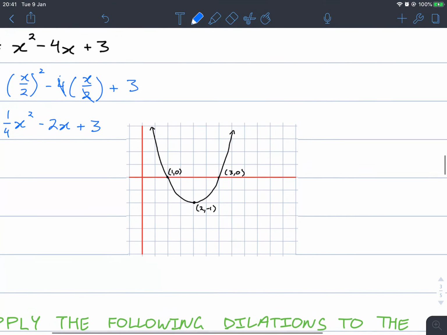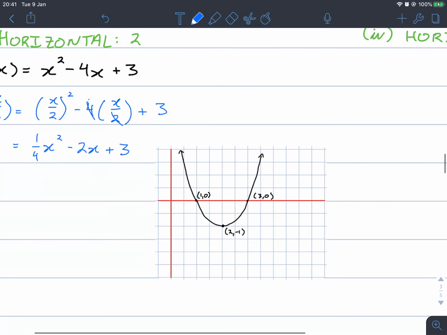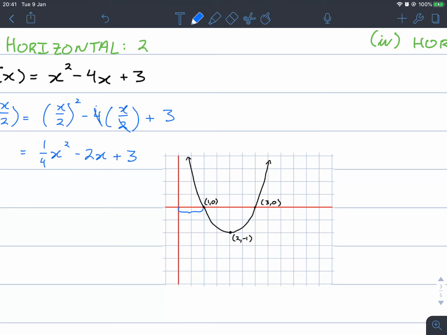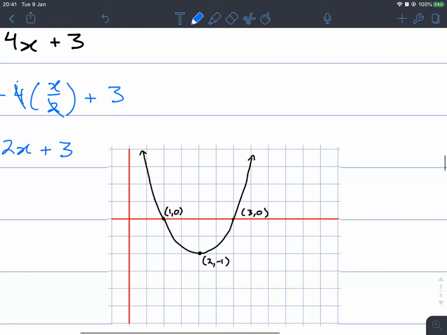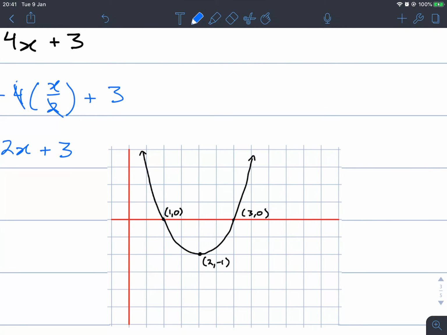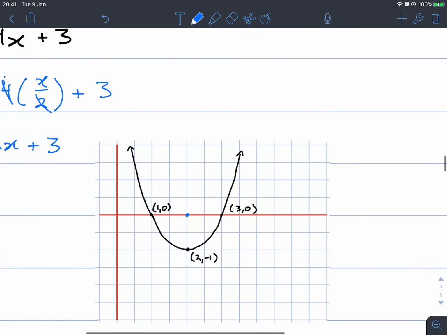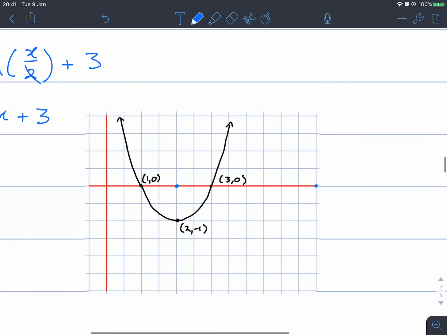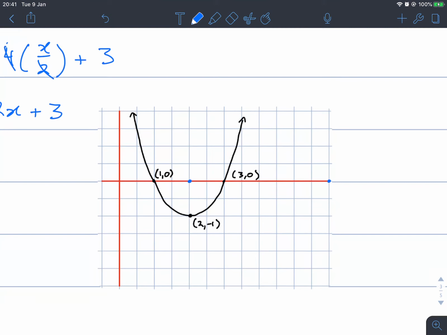So, if this was a distance of 1, to be given a dilation of 2 means this distance will now have doubled, meaning if this were 1, it will now be at 2. If this were 3, it should now be at 6. So 3, 4, 5, 6, all the way at the end there. And this position of 2 times 2 would be at 4.